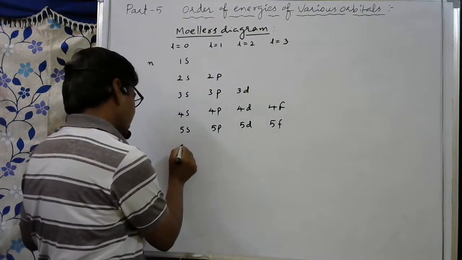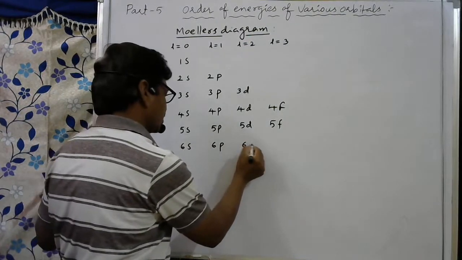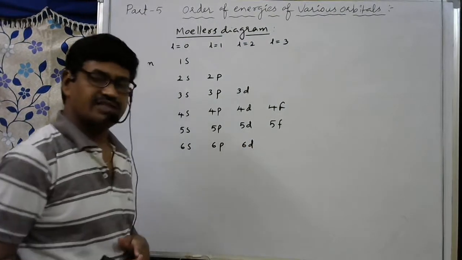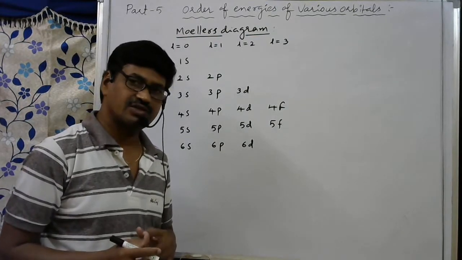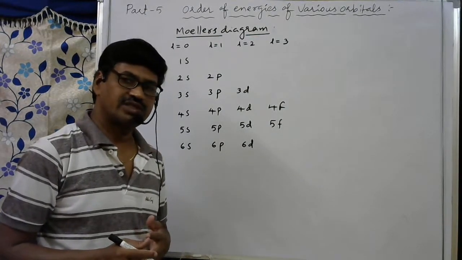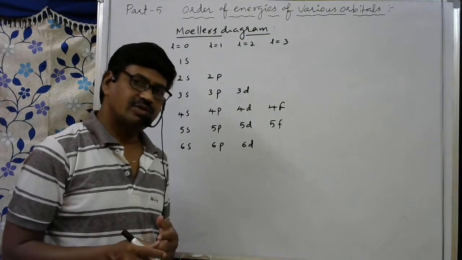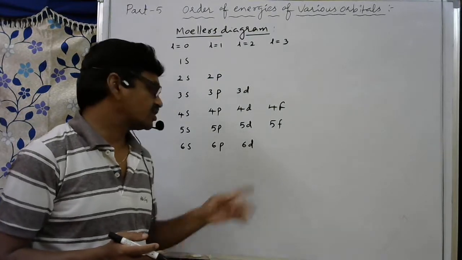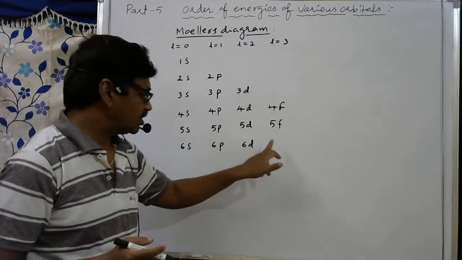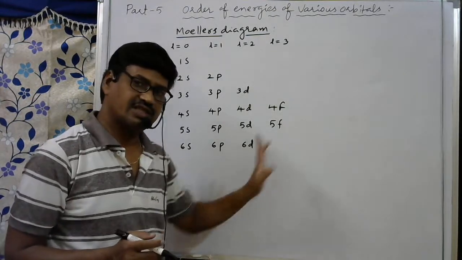Then for the sixth shell, here 6s, then 6p, then 6d. 6f is not required, because if you write the electron configuration, there will not be any electron in the 6f orbital. Electrons are not present in the f orbital of the sixth shell, so I am not writing it. But here you can write 6f, 6g, 6h, like that.